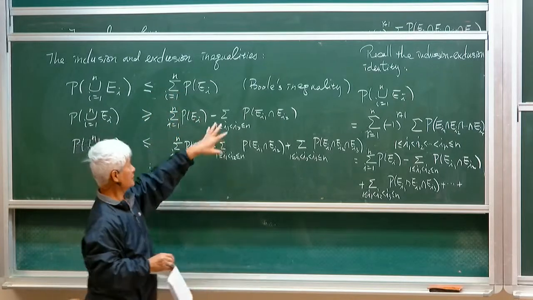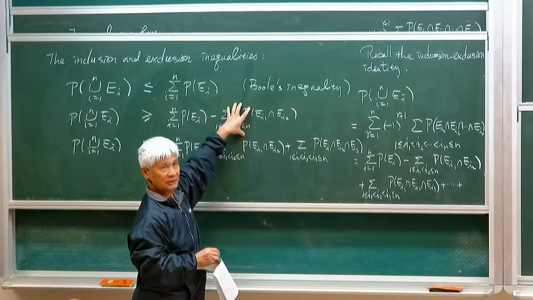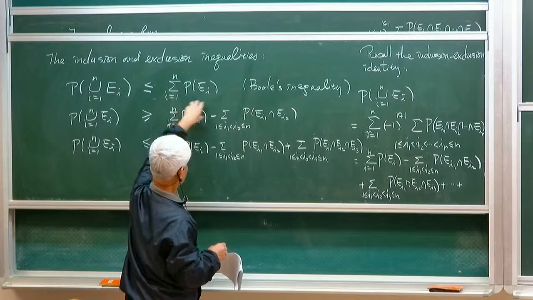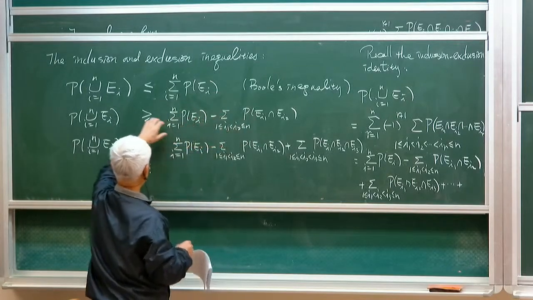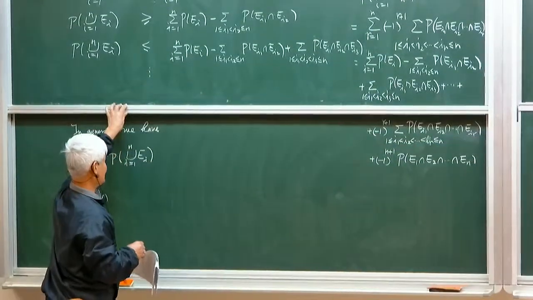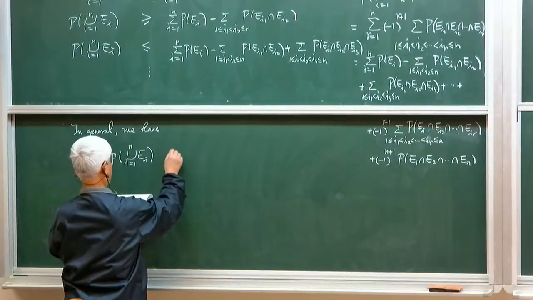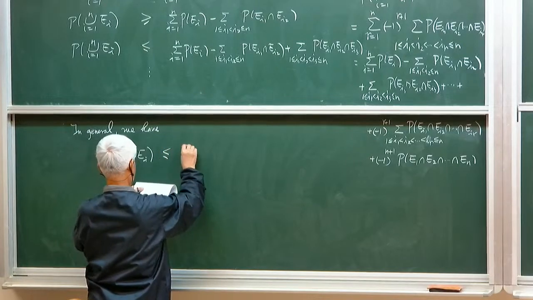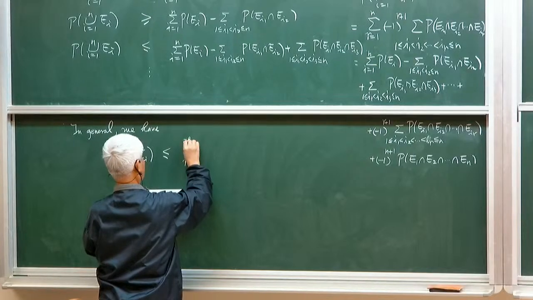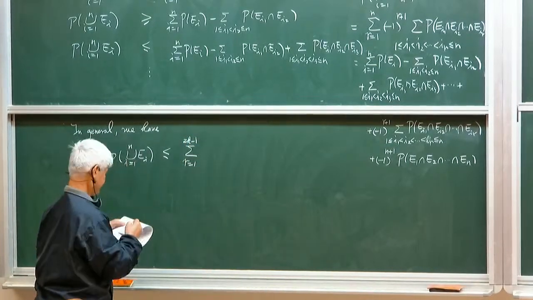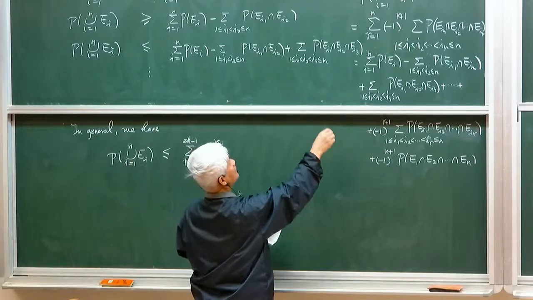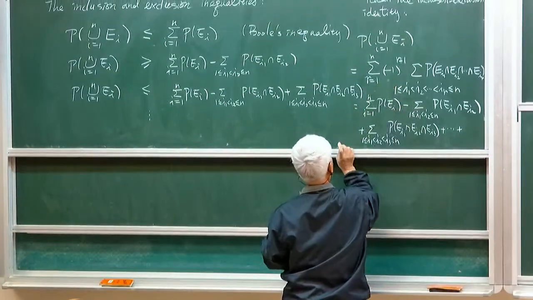But if the last term is about exclusion, meaning the subtraction, then the result on the right-hand side becomes a lower bound. So we will find that this probability will be upper bounded by the sum up to some index, plus 1, because this is the general formula we have.